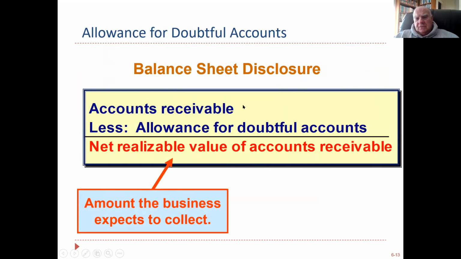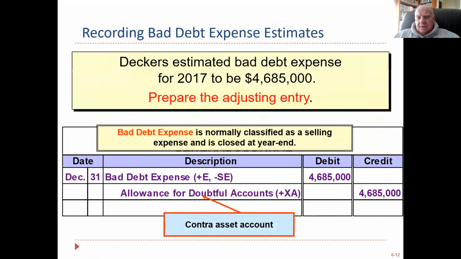They might have $1 million here and 50,000 here, and they only expect to collect 950. Okay, so this estimate must be done at month end. And making your life a little easier, try to remember that this journal entry where you debit bad debt expense is only done one time each month. You're never going to debit bad debt expense more than once, and only at the end of the month.